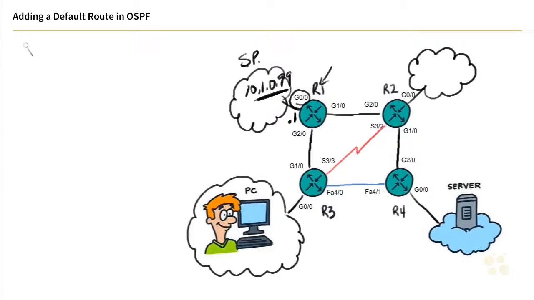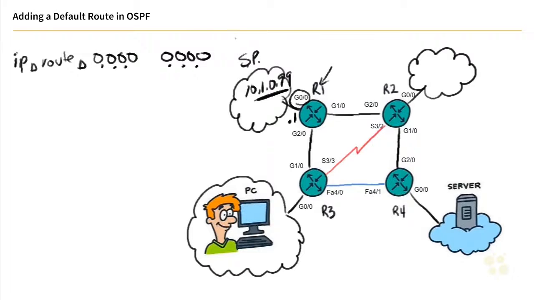On R1, we'll go into configuration mode and type ip route, and then the IPv4 default route, which is 4 zeros in dotted decimal, followed by 4 more zeros in dotted decimal. Then we can specify, if we want to, the interface and, because it's on Ethernet, the next hop address.